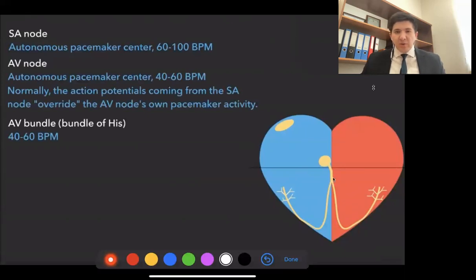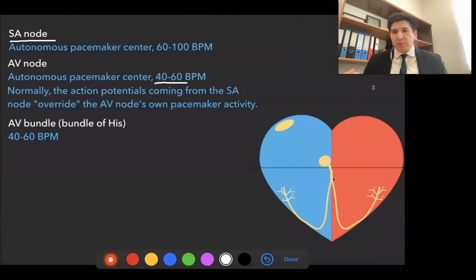The AV node is also an autonomous beat maker, or pacemaker. It is also able to create the beat, 40 to 60 beats per minute. So its beat is slightly lower or weaker than the beat of the SA node.